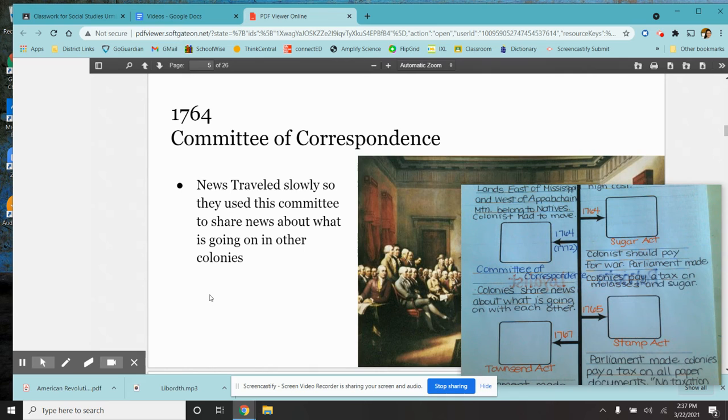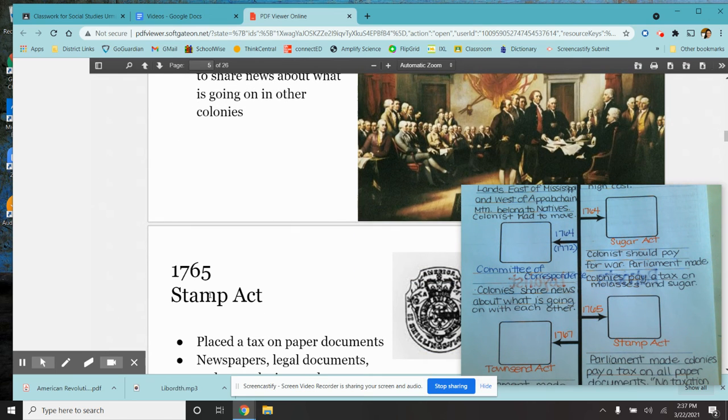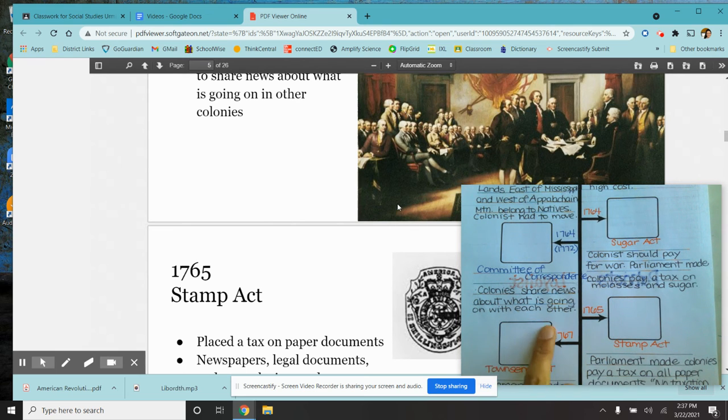And the Committee of Correspondence: news traveled slowly, so they used the committee to share news about what was going on in other colonies. This is probably not the correct picture of the Committee of Correspondence. That looks more like a government, but we get the idea. A group of colonies sharing news together.